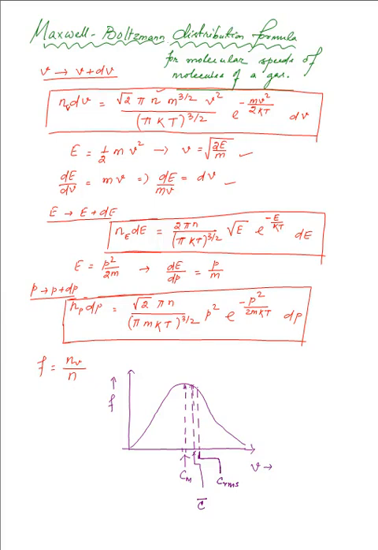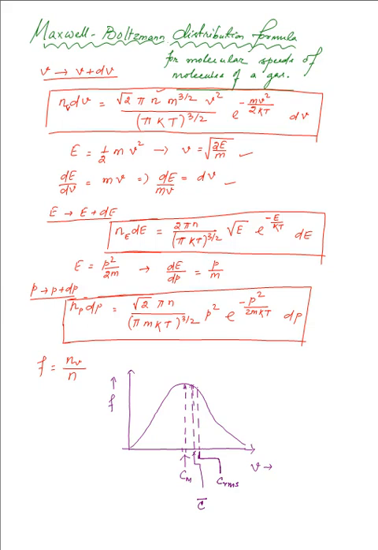The average velocity C bar is slightly greater than the most probable case, and the highest value that we can have in terms of the molecular speeds, in this case, is the RMS value, the root mean square value.